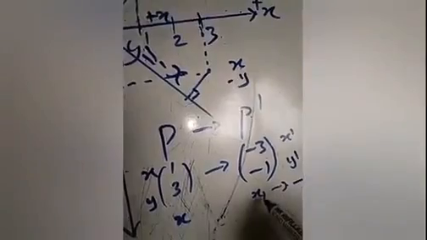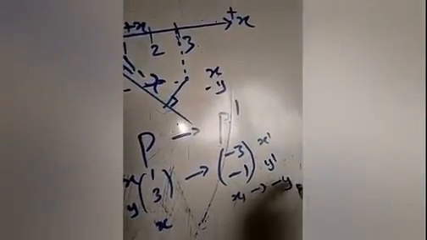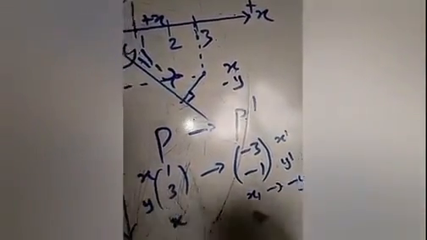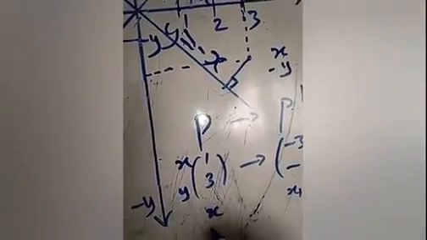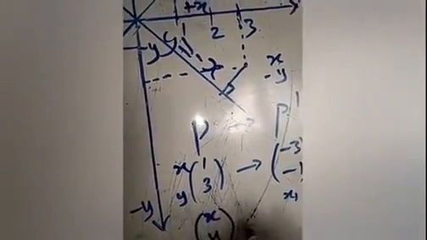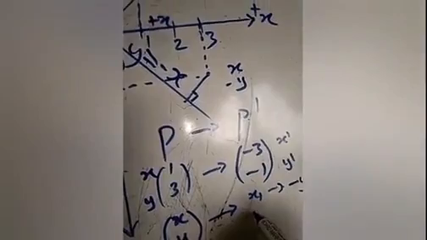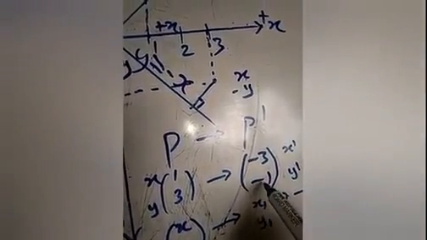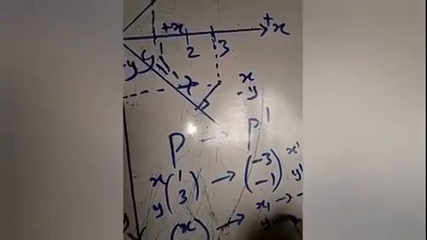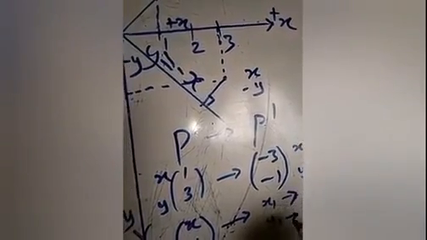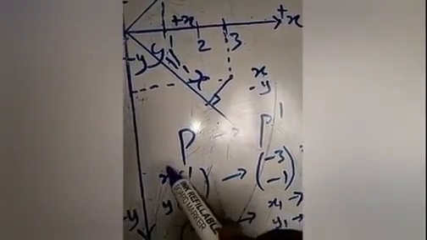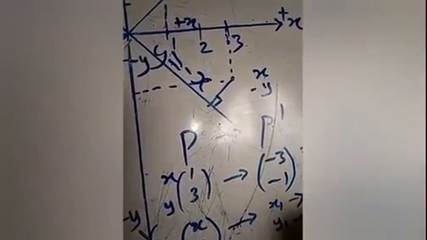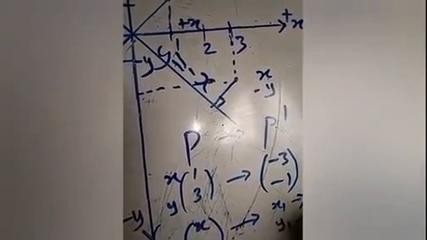So my x prime turned out to be a negative value of my y, and my y prime, which in this case is minus 1, turned out also to be the negative of my x, meaning I'm having negative of x.